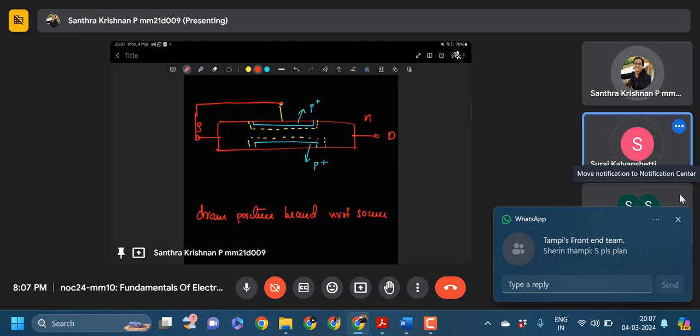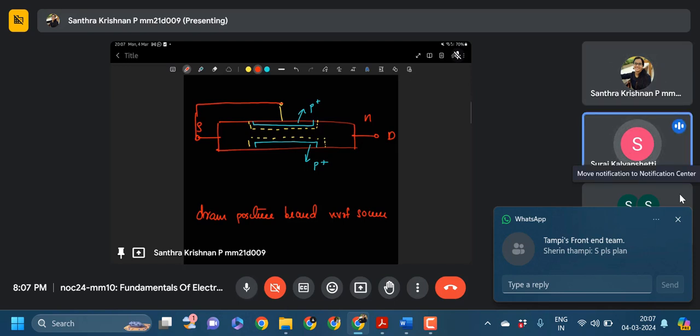There would be a flow of carriers from S to D, because of the pull from D. So electrons will flow from S to D.